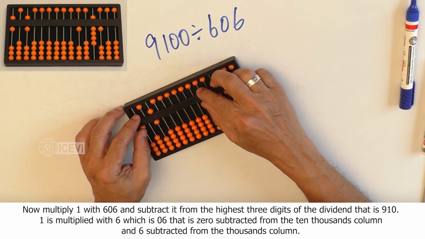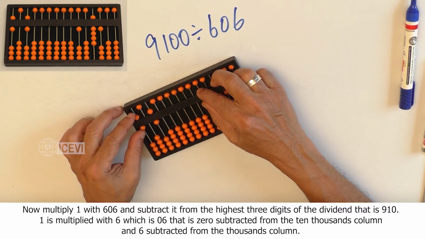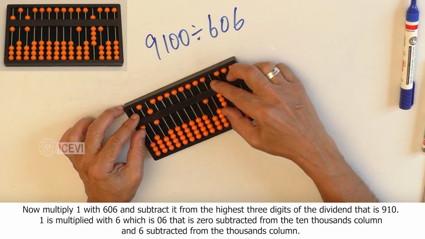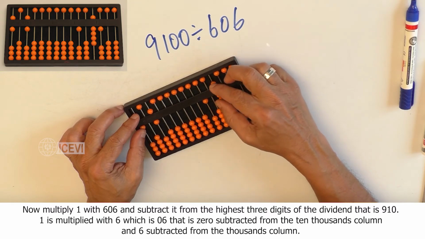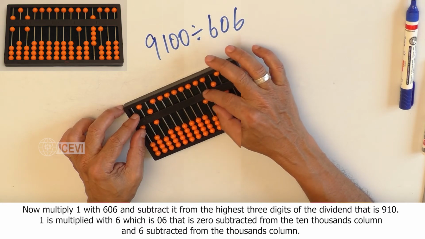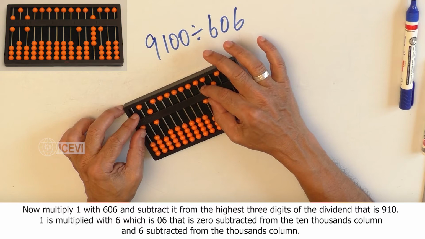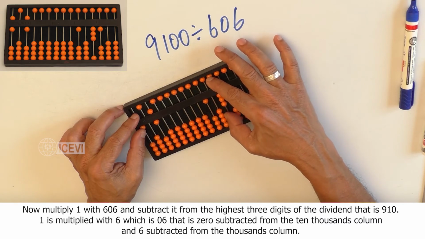Now multiply 1 with 606 and subtract it from the highest 3 digits of the dividend, that is 910. 1 is multiplied with 6, which is 06, that is 0 subtracted from the 10,000s column and 6 subtracted from the thousands column.